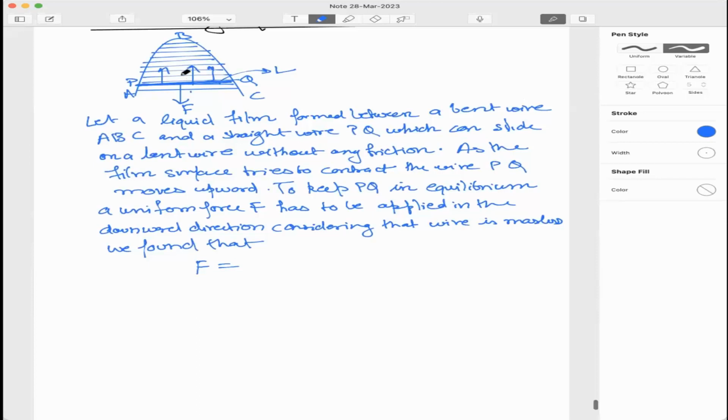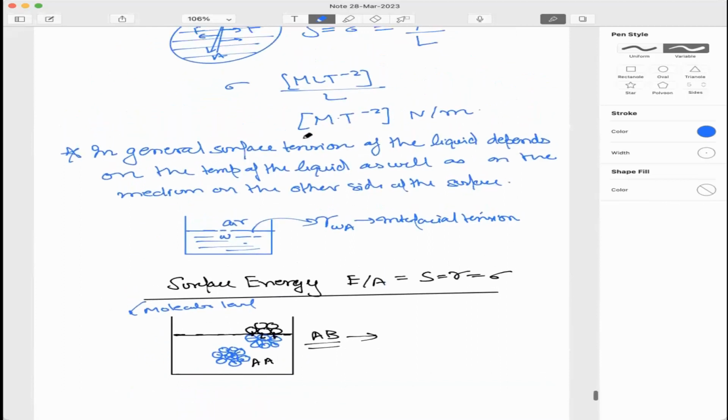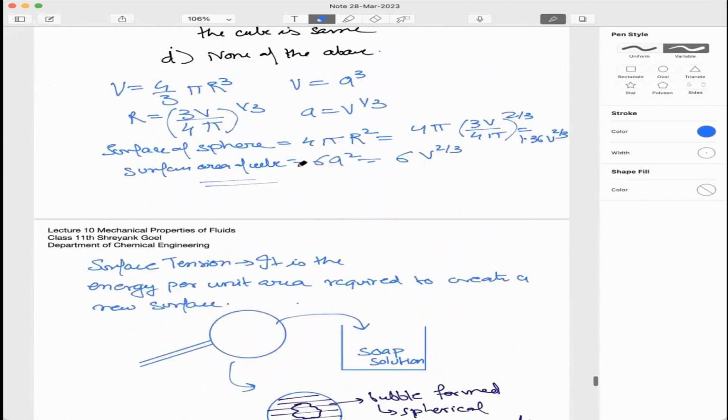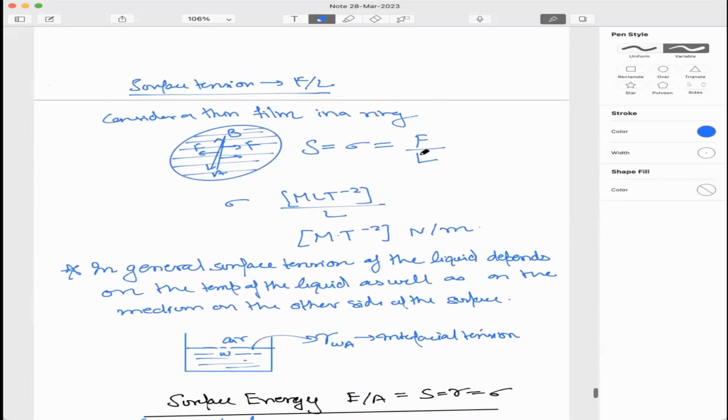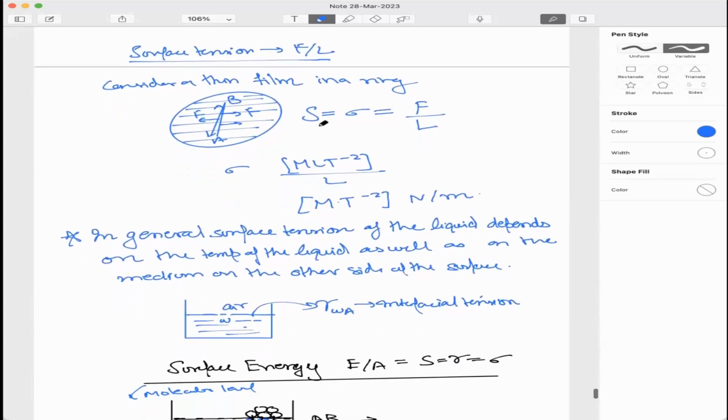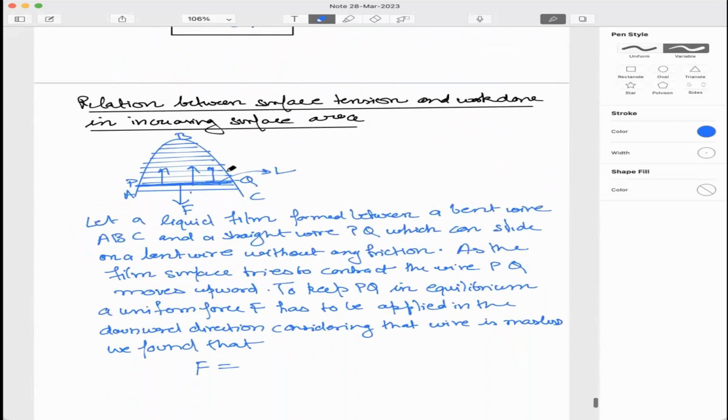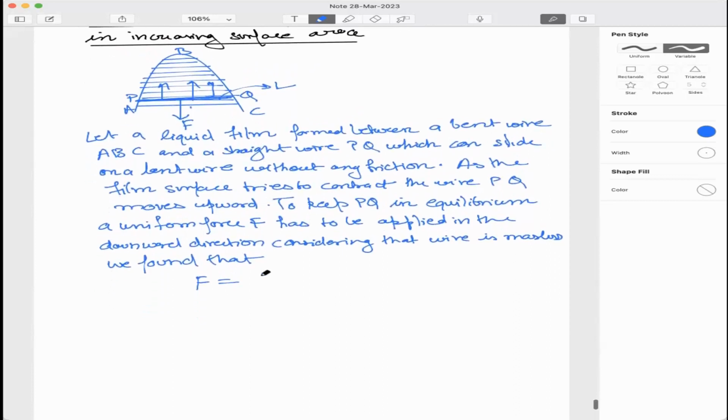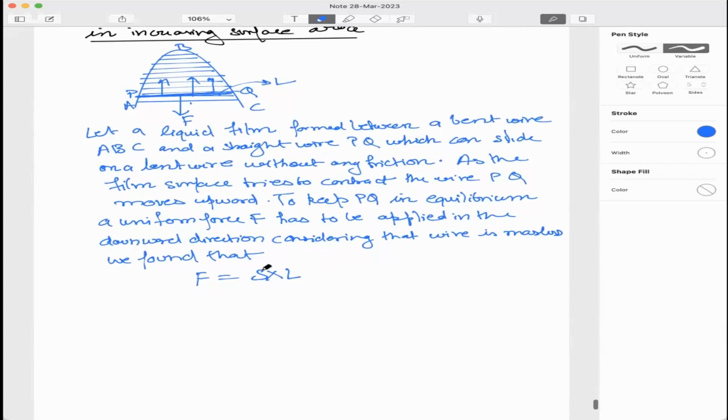That is surface tension, acting as T into L that we have already discussed. So that is T into L, or S into L, or gamma into L, whatever. But mind here, you are making a mistake because that's the soap film.